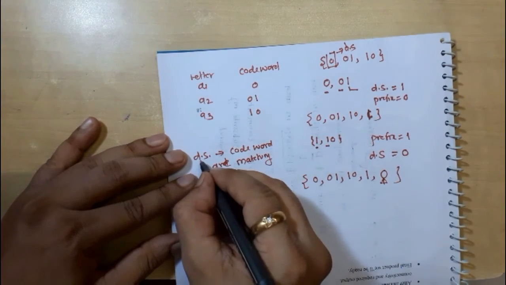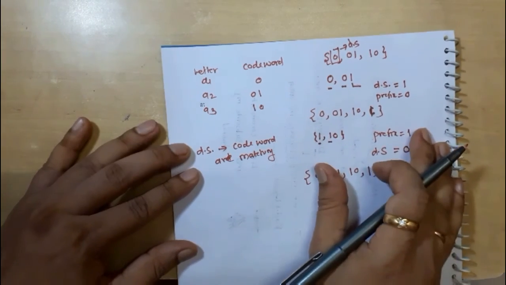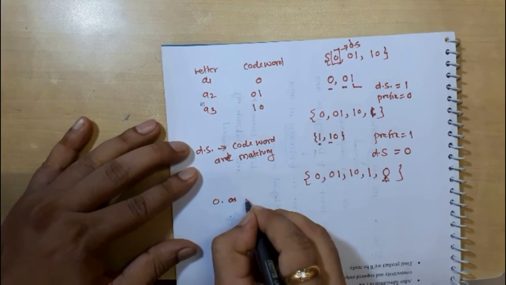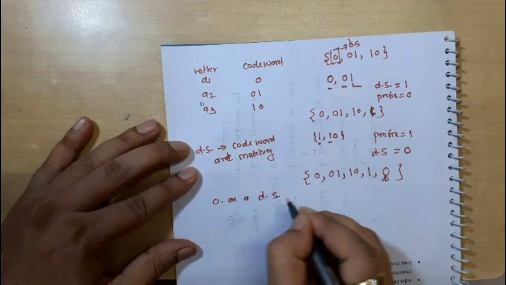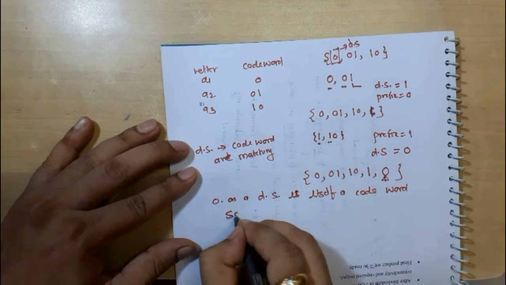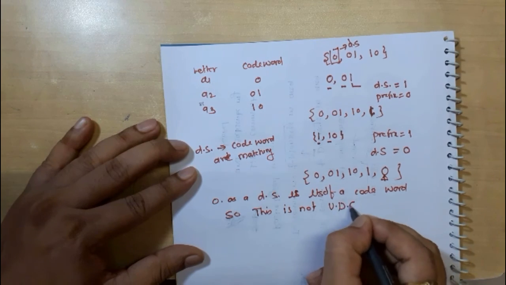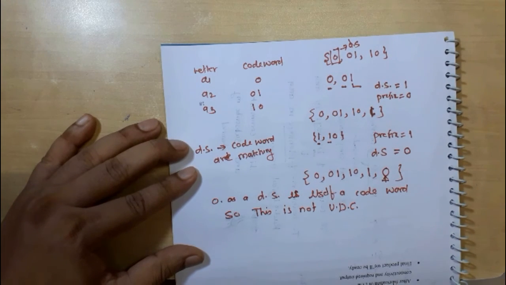So dangling suffix exists as a code word in the code. So we can conclude that 0 as a dangling suffix is itself a code word. So this is not a uniquely decodable code as per the first condition.